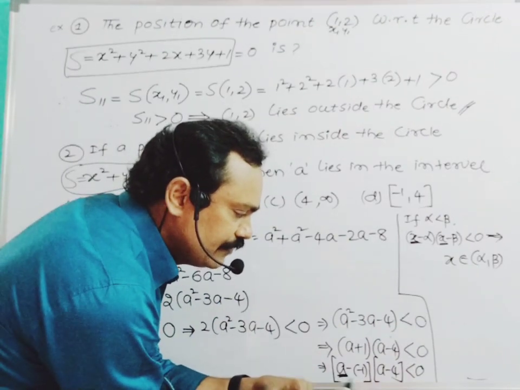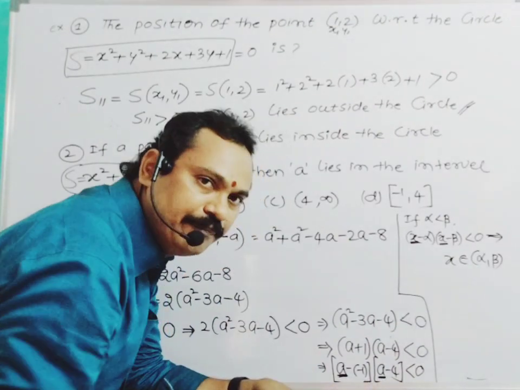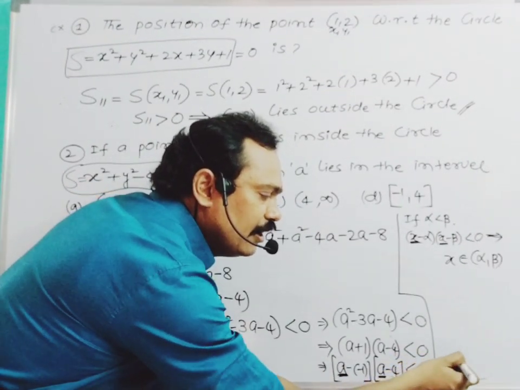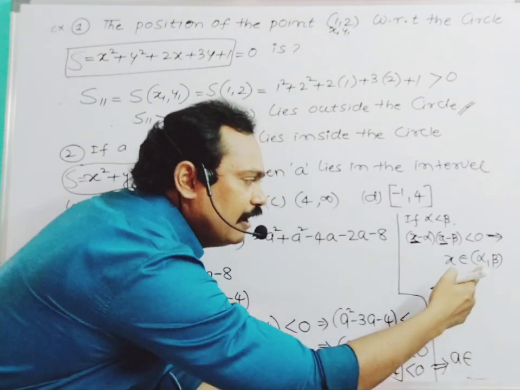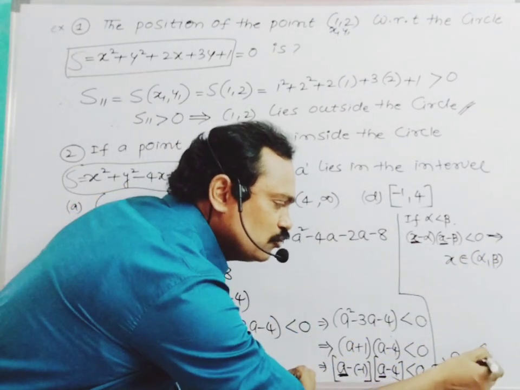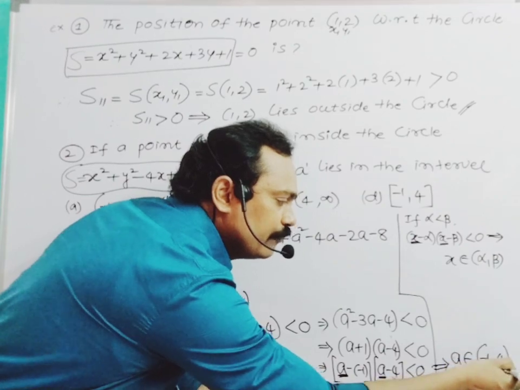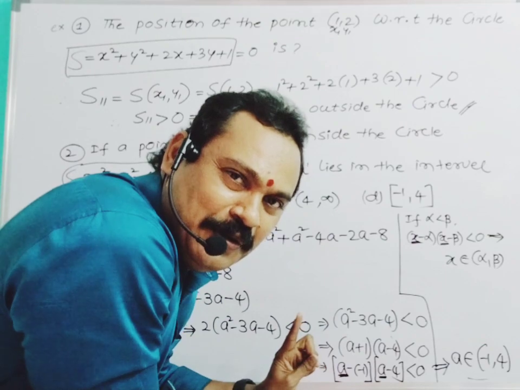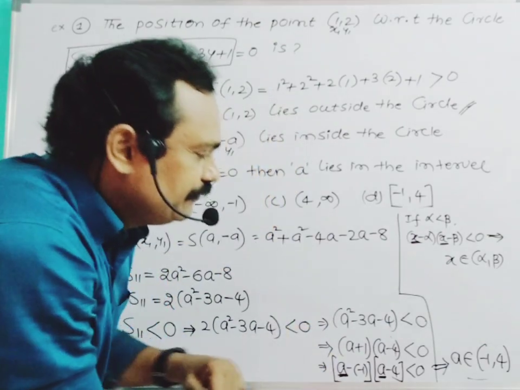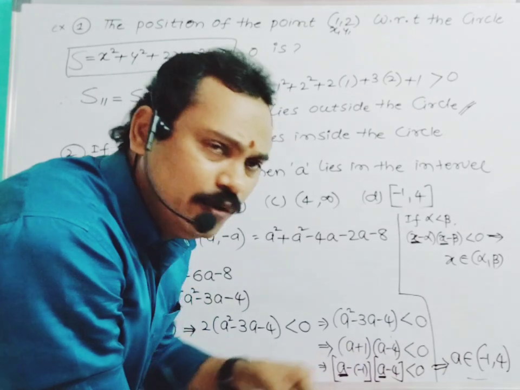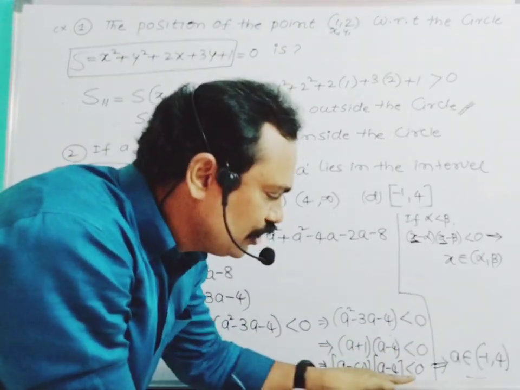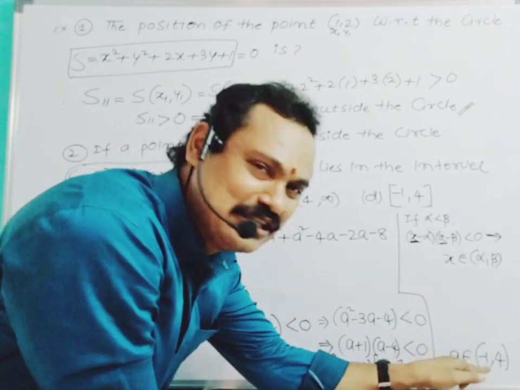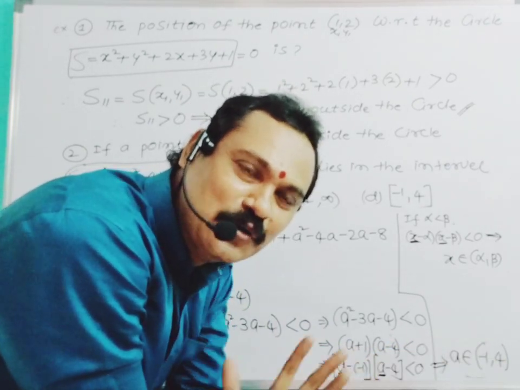Then A belongs to alpha to beta, that means minus 1 to 4. A lies in between minus 1 and plus 4. If it is less than or equal to 0, we can take A belongs to the closed interval minus 1 to plus 4.